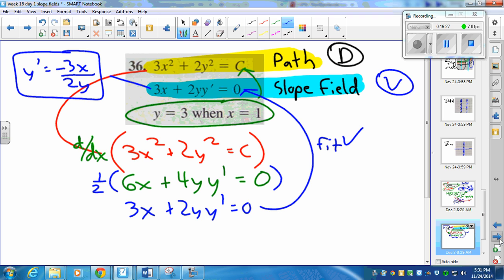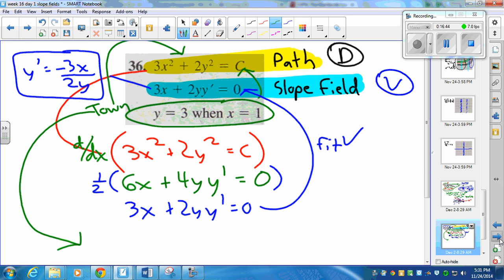And now it tells me, hey, you're going through a specific point. So I don't have a plus c anymore. I need to know exactly what that plus c is. You can take that and plug in. I'm going to do that way down here. Sorry, there's lots of arrows in this problem. I could do 3 times 1 plus 2 times 3. Oops, sorry, plugged in the wrong one. 3 times 1 squared plus 2 times 3 squared needs to equal that c.